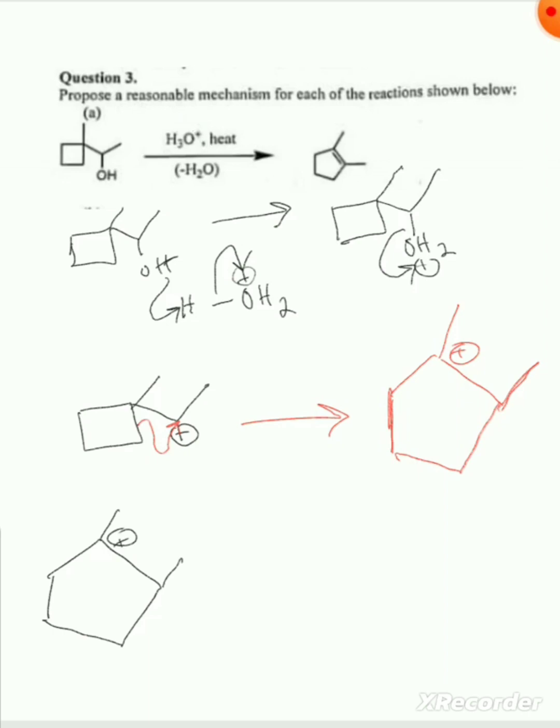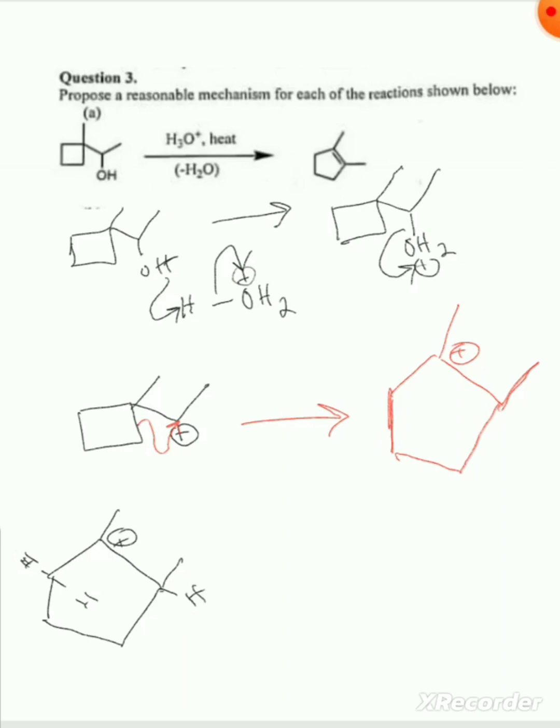When you are given this base, you can see that this is a less bulky base, and it favors the Zaitsev rule. So how are we going to do that? Here there are 2 hydrogens, then here there are 3 hydrogens, but here there's 1 hydrogen.